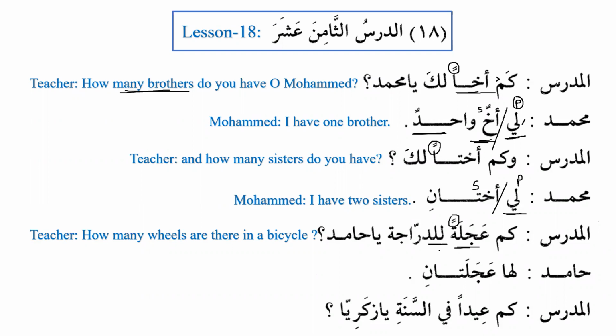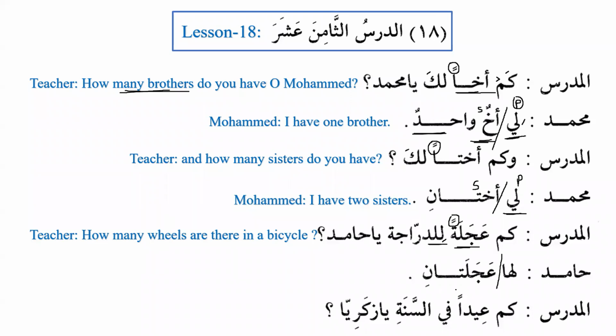Now also please remember that something that has windows or something that has wheels, for that we also use the preposition li. So kam ajalatan lid-darrajati ya Hamidu. How many wheels are there in a bicycle? Laha ajalatani. It has two wheels.